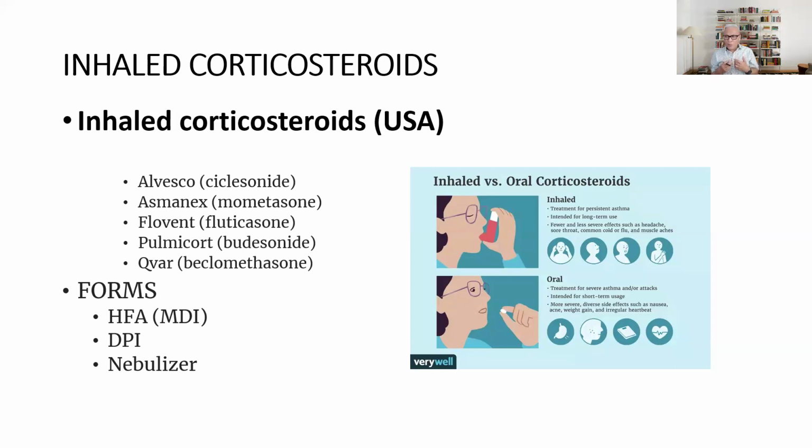And so inhaled steroids have sometimes been, what do you call that, have difficulty being absorbed. So the inhaled steroids are going to work the same way as oral steroids work. They differ in how they're used to treat asthma.